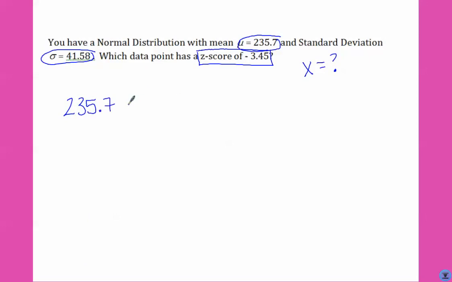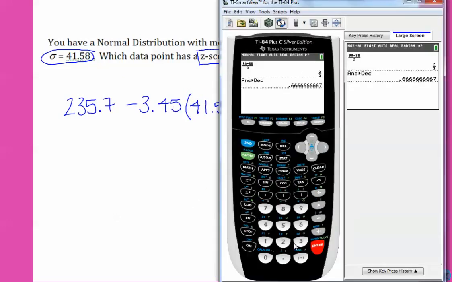Since our z-score is negative, we're going to do minus 3.45 times the standard deviation. We get that our data point is 92.249.